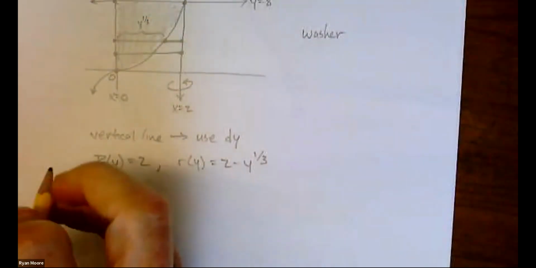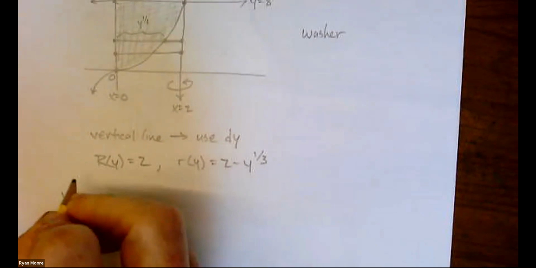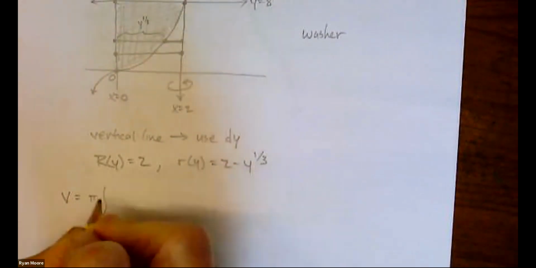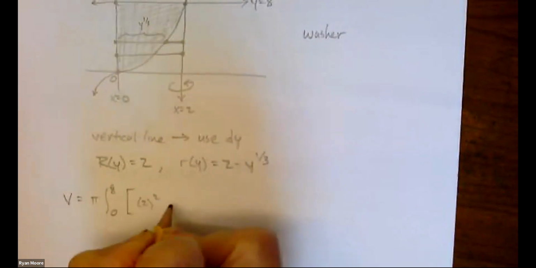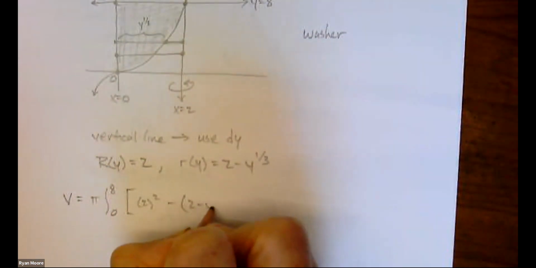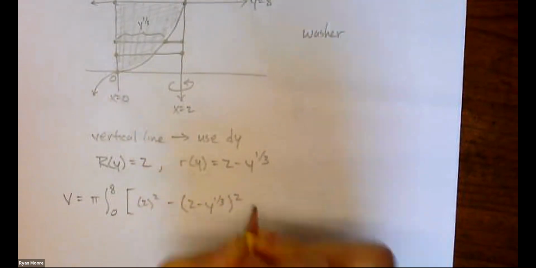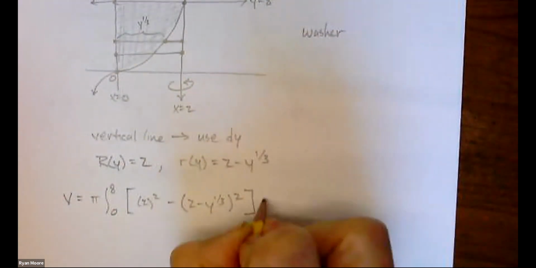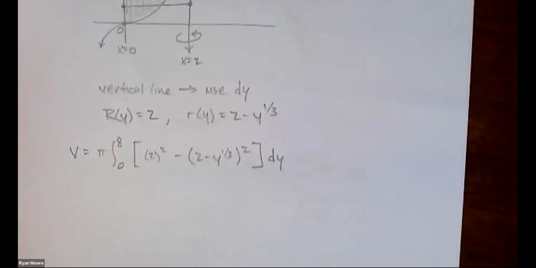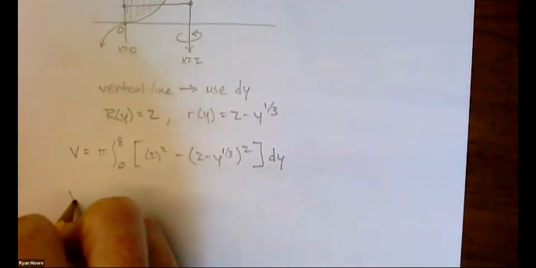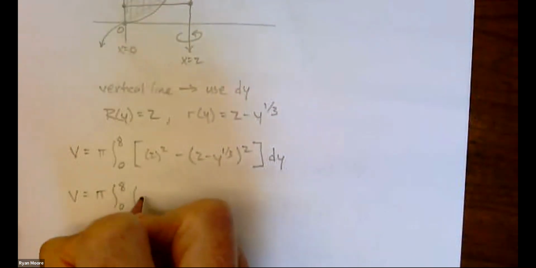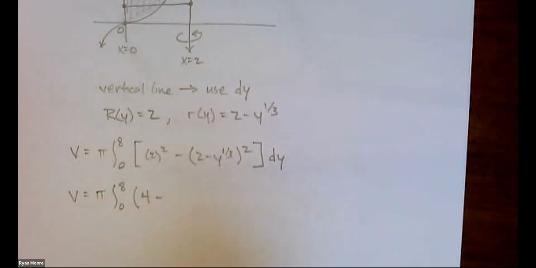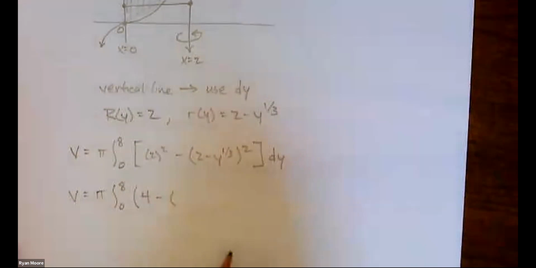Okay, once we have that, we can set it up. Pi integral from 0 to 8, 2 squared minus (2 minus y to the 1/3) squared dy. And it's going to take a little bit of work, but no problem. That's 4 minus, let's see, maybe I'll keep parentheses here.